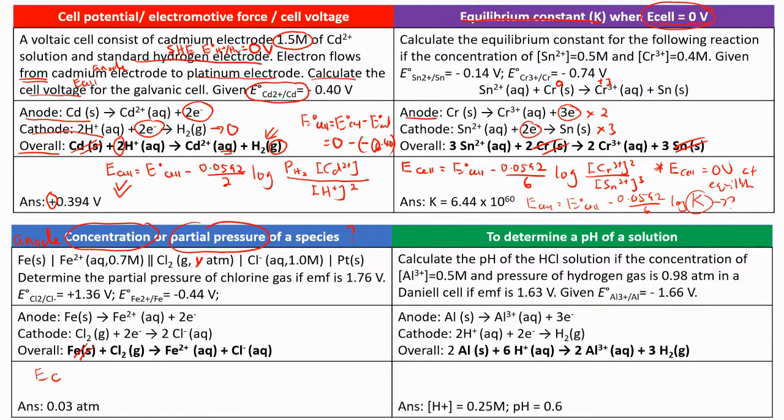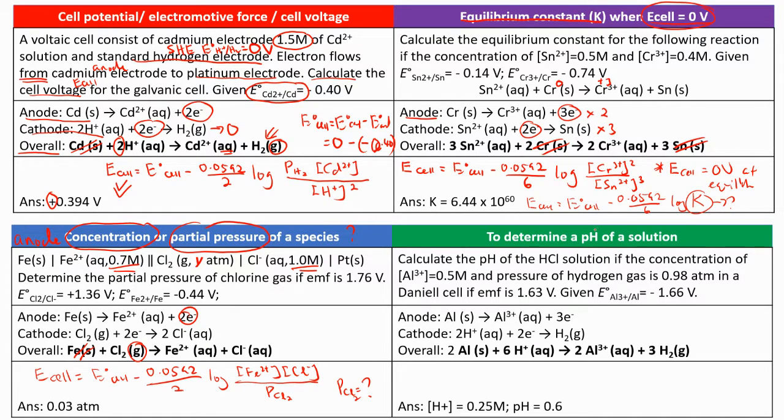So our E cell equals E naught cell minus 0.0592 log. So the product is Fe2 plus and Cl minus, and because chlorine is gas, it is PCl2. Then you just substitute the information into the Nernst equation, then you will find out what the partial pressure of chlorine is.